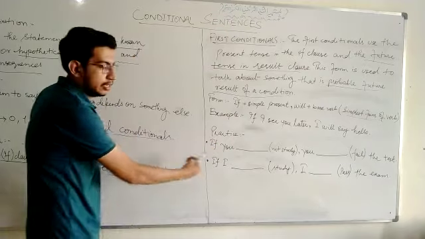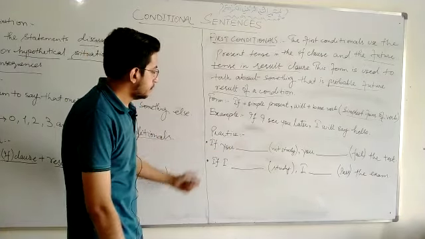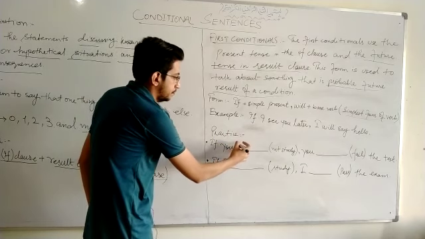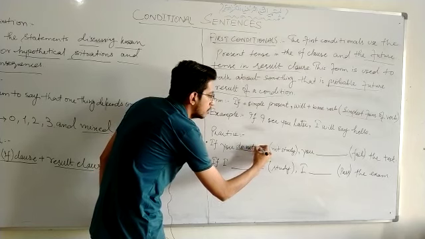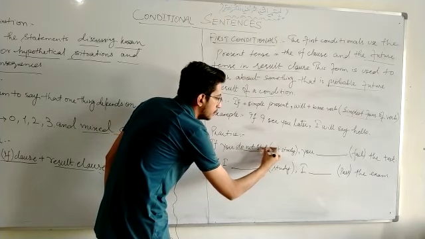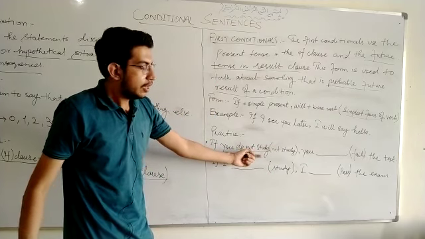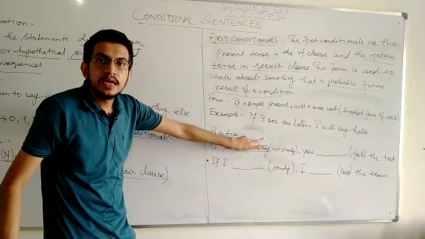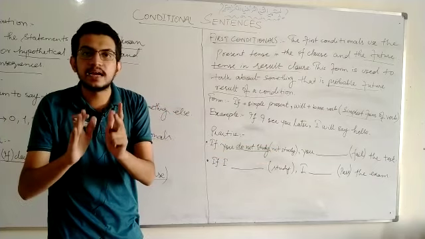Now there are two sentences. We will use these cues to complete them. If you do not study, now here the sentence is in negative form. You see the clue, there is not, it indicates the negative part.